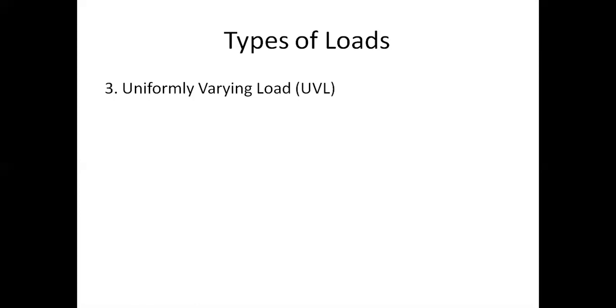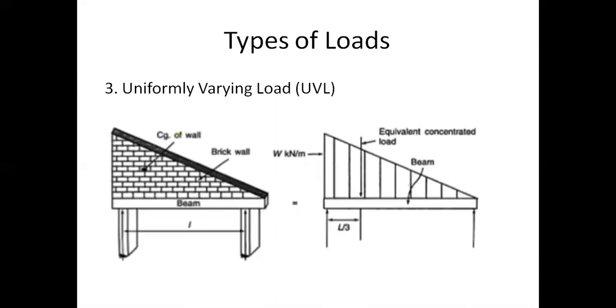Third one is uniformly varying load. What do you mean by uniformly varying load? That means it is a varying load, but the variation is done uniformly. For example, here is a beam, and these are the two pillars on which I want to make a brick wall like this.